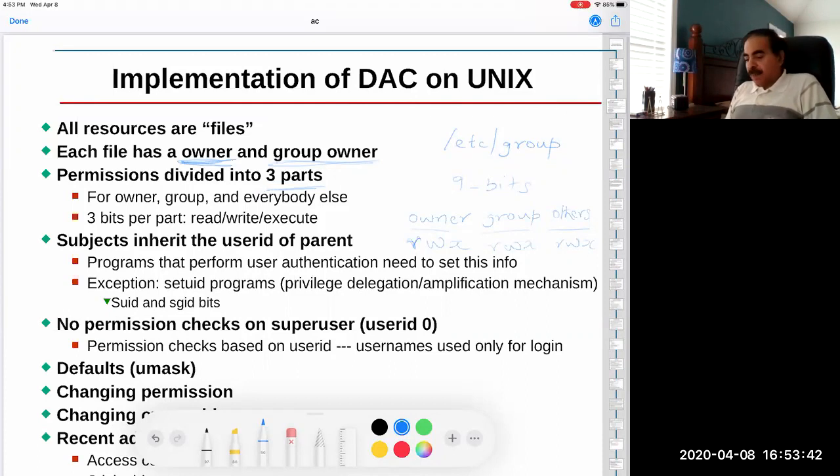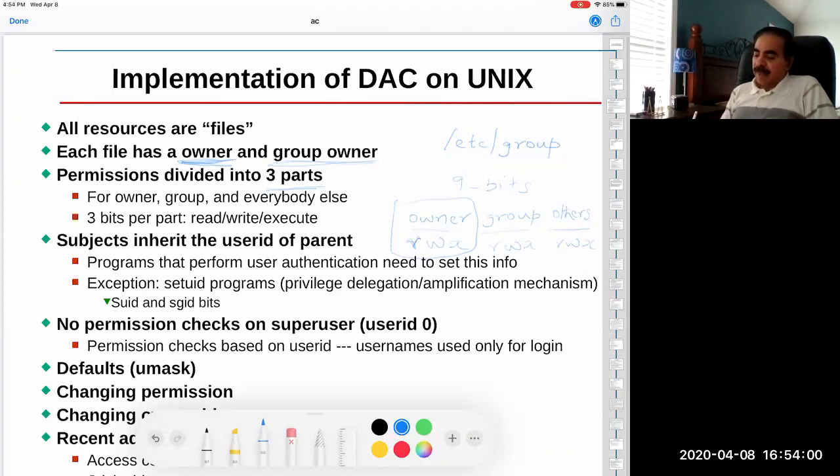And so then the operating system first determines, for this subject, who is the owner? If the subject's owner matches the object's owner, then the permission that's going to be checked is with respect to the owner bits.